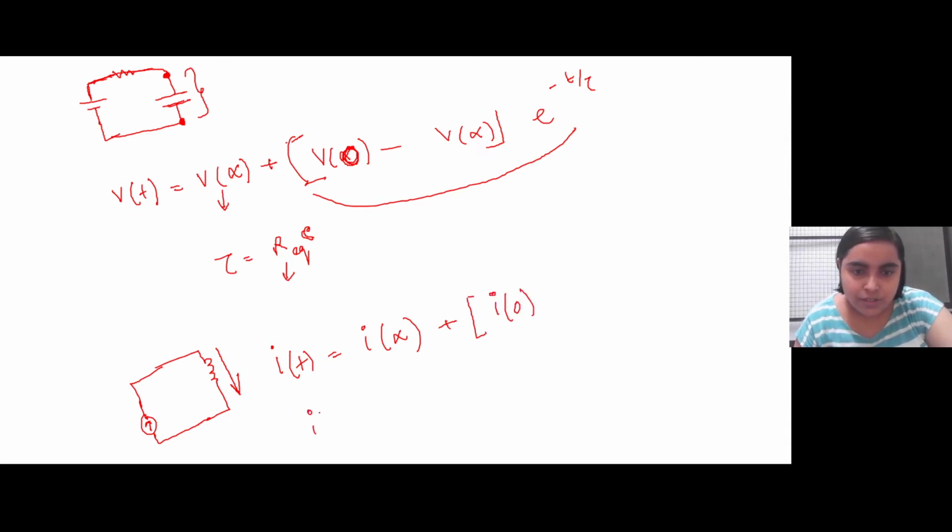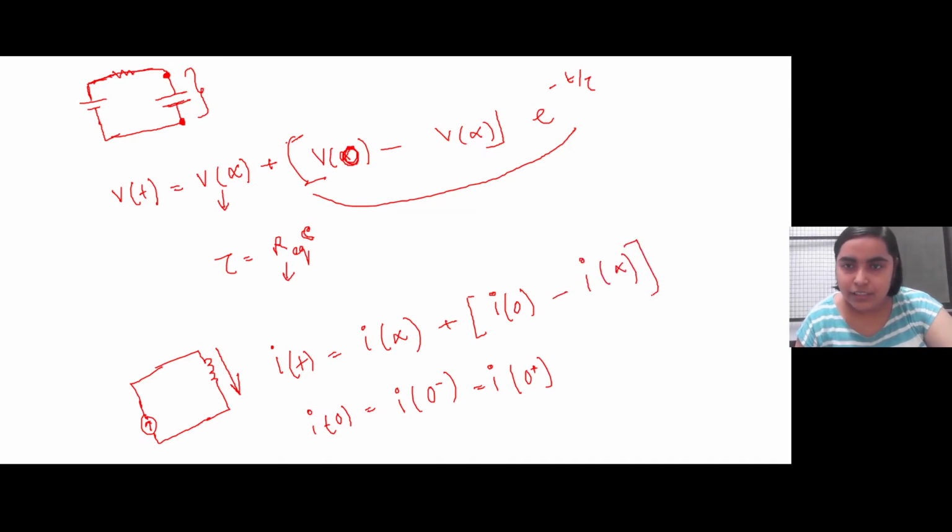Just before switching, this I0 will be I of 0 minus, which equals I of 0 plus, since the inductor resists the change of current, minus I at infinity, times e to the power minus t by tau. Now, in the case of an inductor, tau is equal to L by R equivalent.